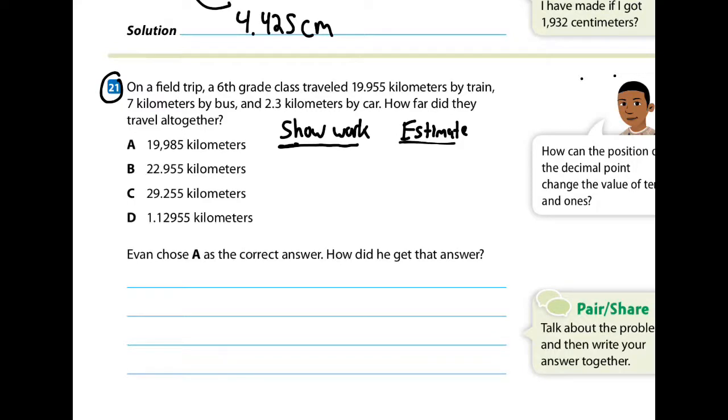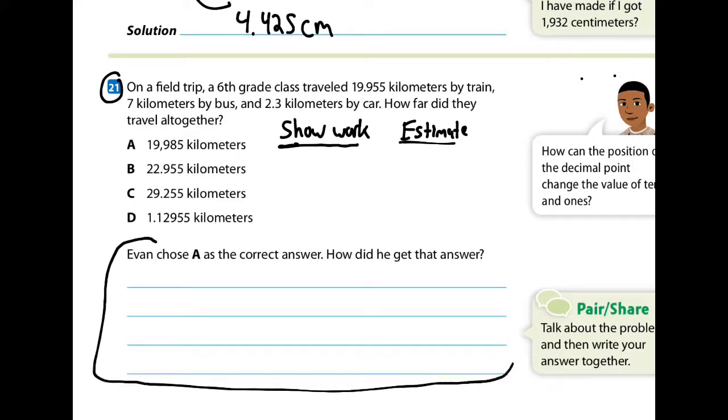All right? So try that. I want you to estimate first. See if you can eliminate 1 or 2 answers, and then find your exact answer and see where you're at. Then I do want you to answer the part if Evan chose A, how did he get that answer? So just kind of give that your best shot. All right, pause the video, do 21, restart it when you're done. Go.